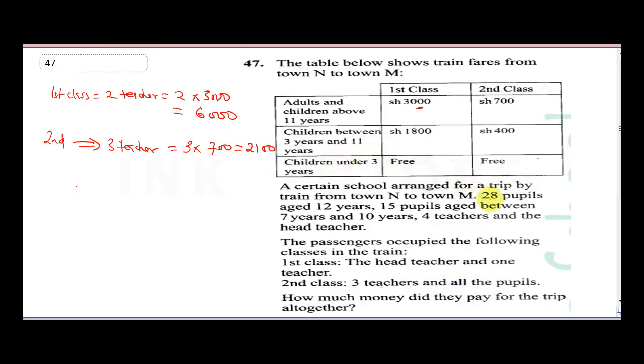From here, you get to know that 28 pupils are aged 12 years, and 15 pupils are aged between 7 and 10. Let's check for the 28 pupils, because this is still the second class. Their age is 12 years, and the table says children above 12 years. For second class, they are paying 700. So we're going to do 28 times 700 for the children.